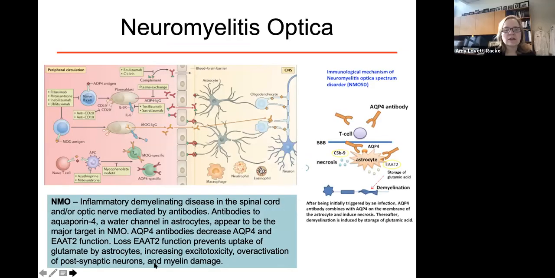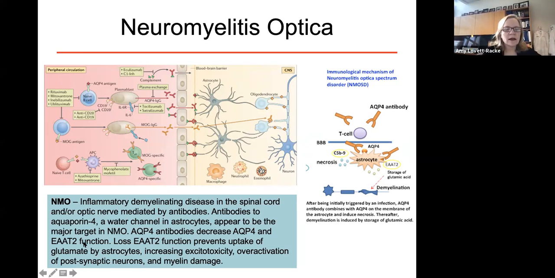This is a disease in which patients generate an antibody to aquaporin 4. Aquaporin 4 is a water channel that's expressed on astrocytes. So these patients generate these antibodies. The antibodies bind to the aquaporin 4 on astrocytes, causing a loss of the aquaporin 4 function. That's a water channel.